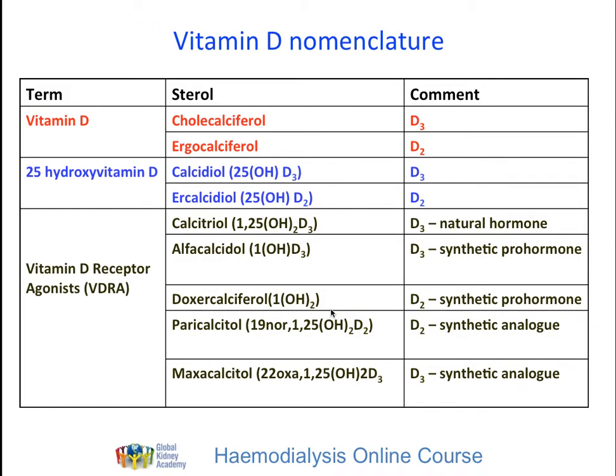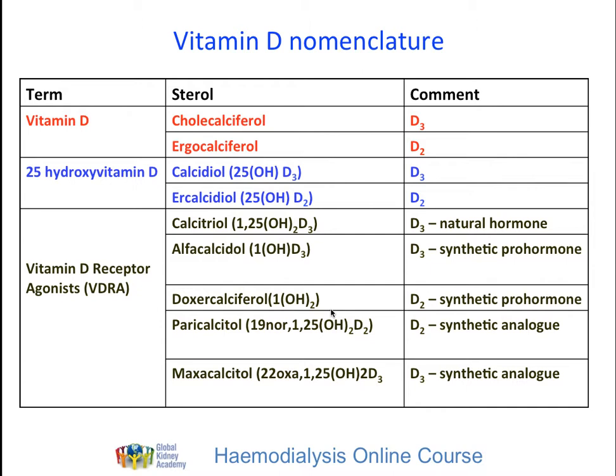I would suggest you pause this slide for a second and look at the terminology of vitamin D, because it is quite confusing. Cholecalciferol and ergocalciferol refer to the native forms of vitamin D produced either in the skin or from the diet. They're not interchangeable. It was thought they were, but they have different pharmacokinetics.